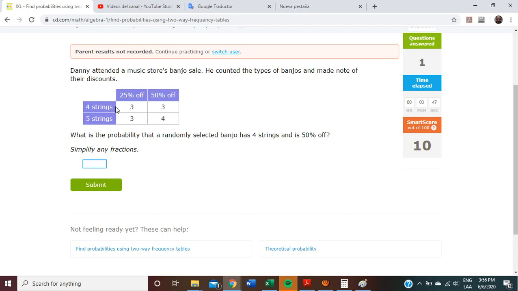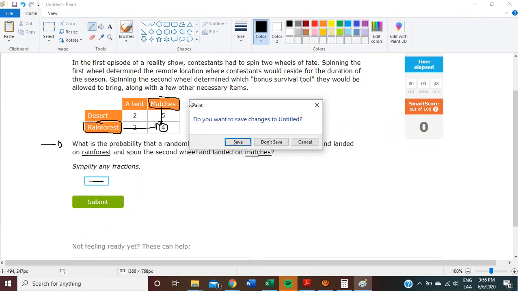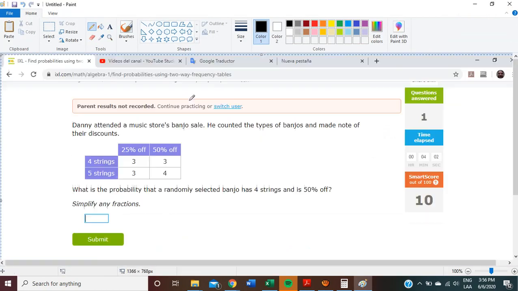Okay, and some of them had 20% off, and some of them were 50% off. Okay, so how many banjos are there in total? Okay, so for that we need to do the addition. 3 + 3 + 3 = 9, plus 4, 9 + 4 = 13. So there is a total of 13.